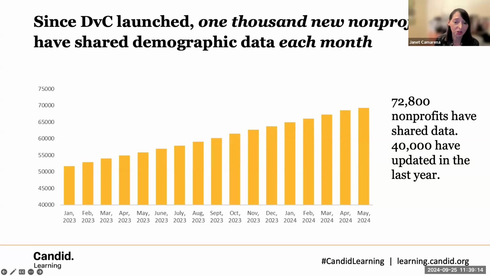Demographics via Candid also has grown to more than 170 sector partners, including our friends here at Cal Nonprofits, who we're very grateful to for their partnership, both on this webinar and on the initiative.